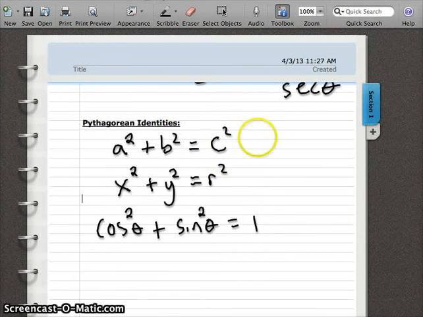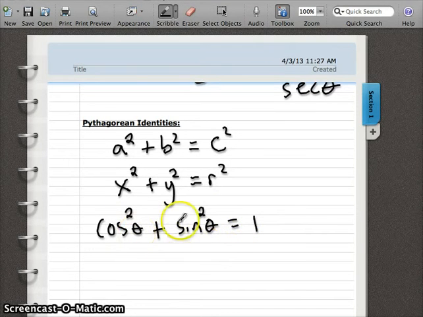So we just rewrote our Pythagorean theorem in terms of trigonometry, and we get this equation: cosine squared plus sine squared equals 1. And that will always be true. Now the tricky part comes when you have to identify this in a different form.